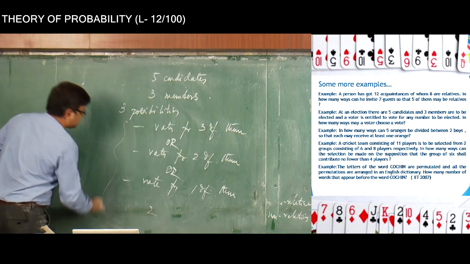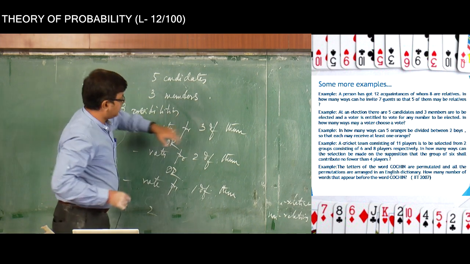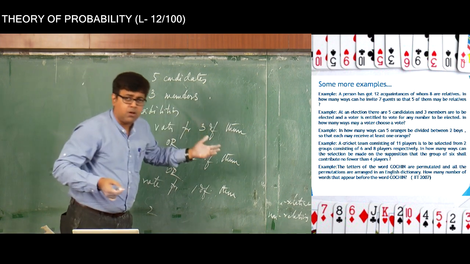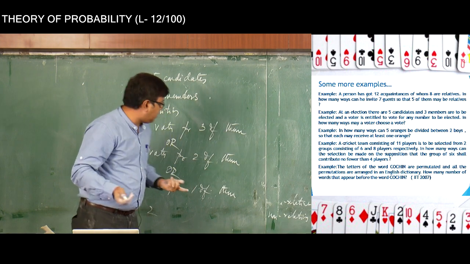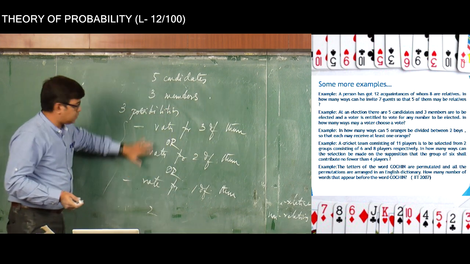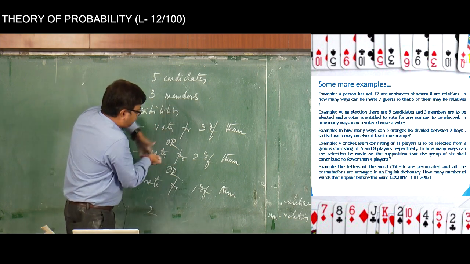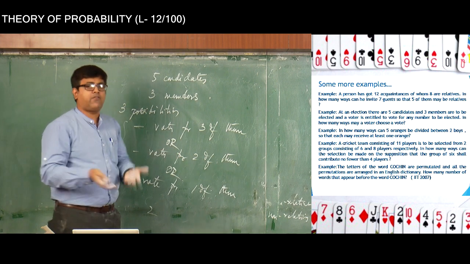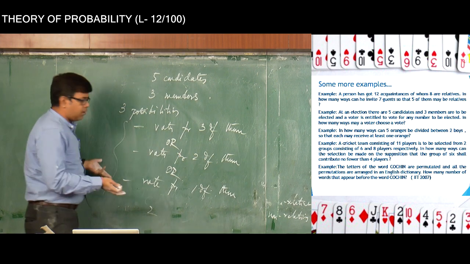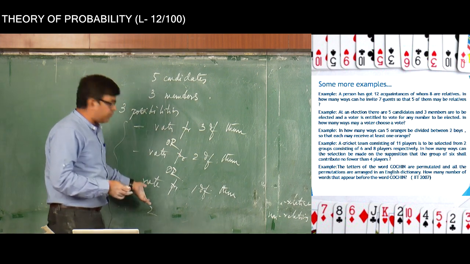There are 5 candidates. He votes for 3 of them. Because he has the freedom of giving more than 1 vote as per the condition given in the problem. But you can understand that these things cannot occur simultaneously. That's an absurd thing. He is voting for 3 of them and he is voting for 2 of them. That sounds absurd. So obviously it's OR between the 3 cases.